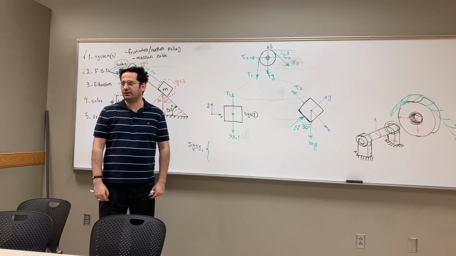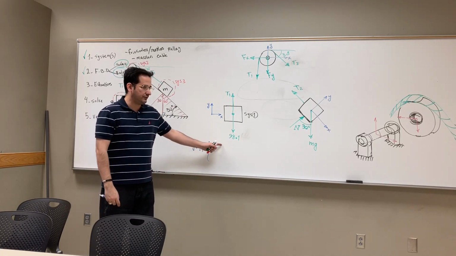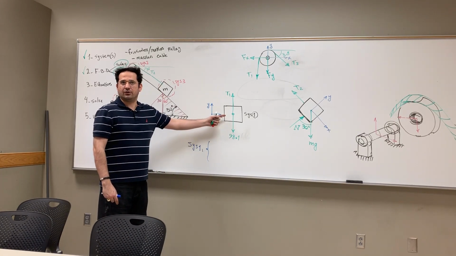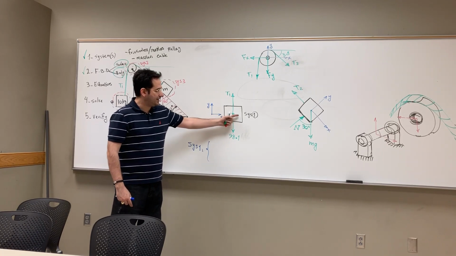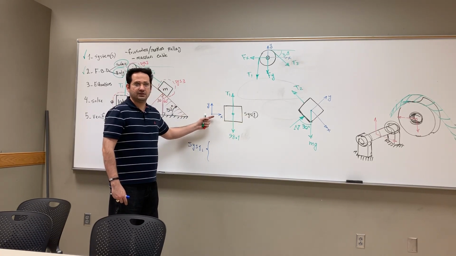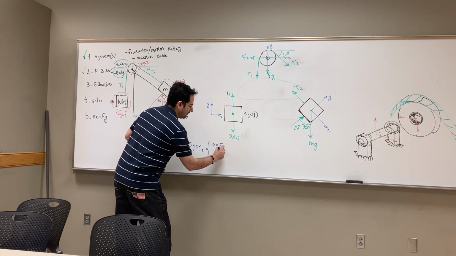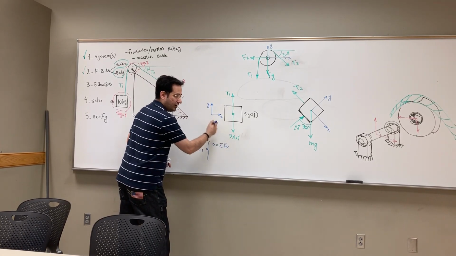Resultant force in x, what should I write? It's going to be no, because you see that we don't have anything in the x. So summation of force in the x is just 0, right?